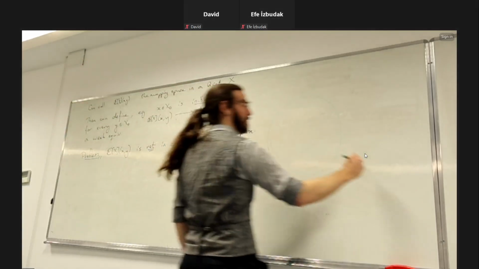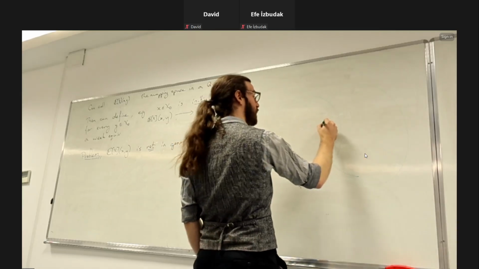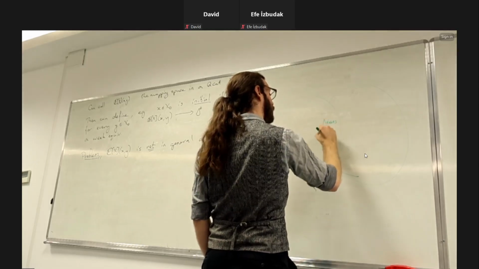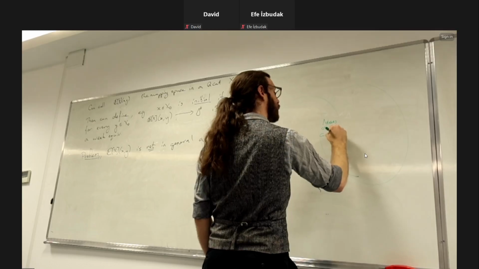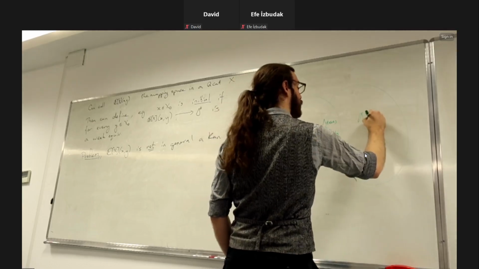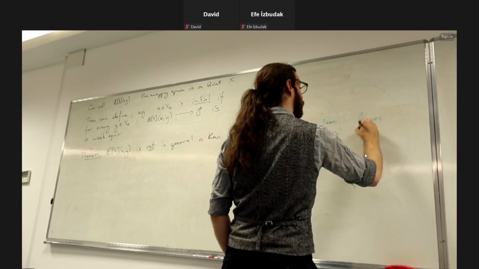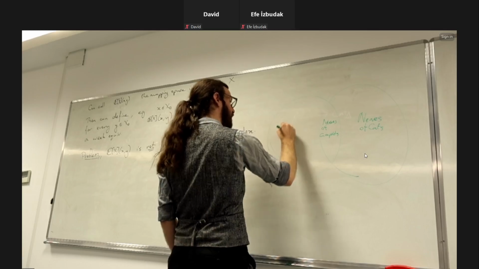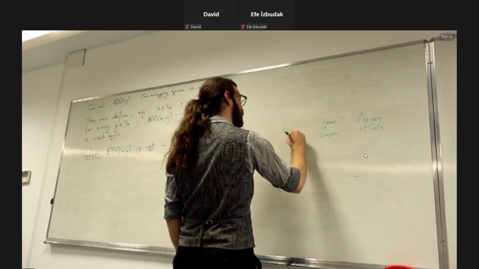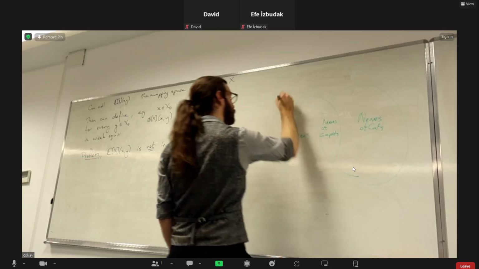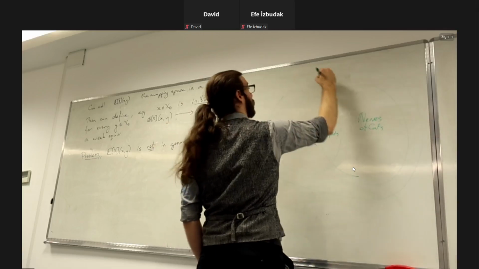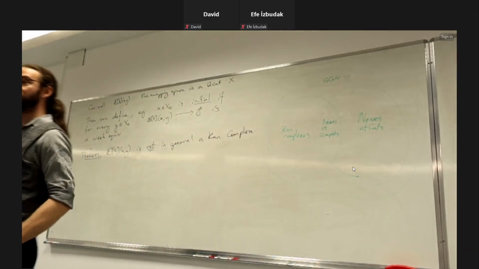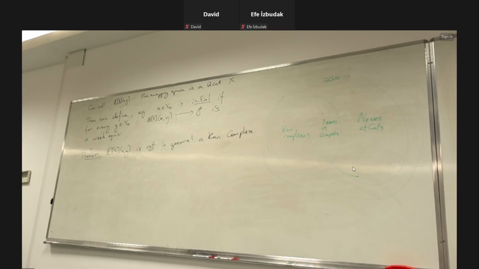So just for nerves of groupoids, nerves of categories, Kan complexes, quasi-categories. That Venn diagram.